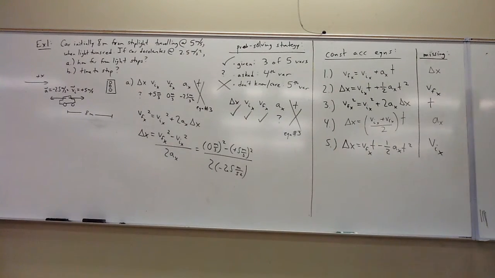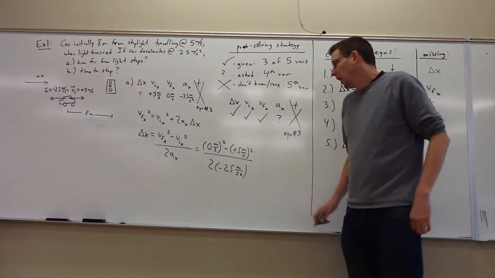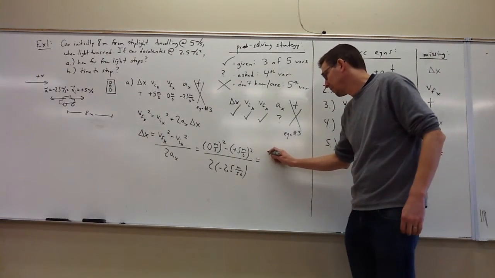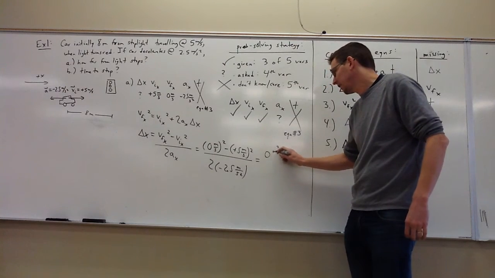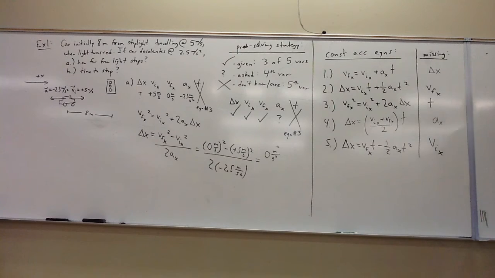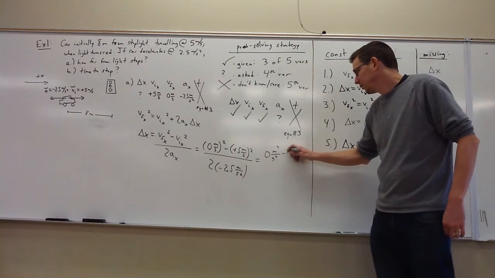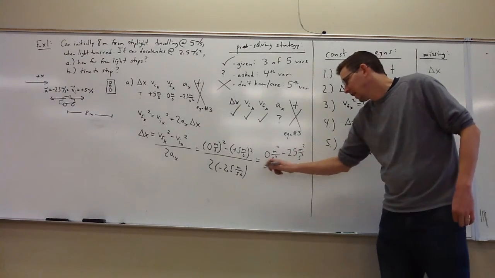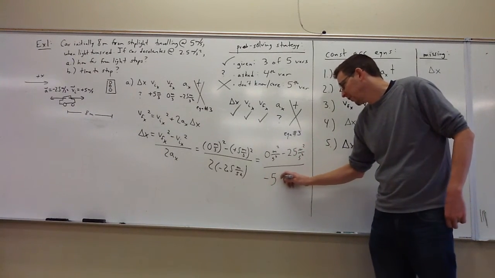So let's find what we get here. First of all, let me do this step by step here once so I never have to do it again. I get 0 meters squared over second squared. Remember that the powers apply to the units as well. Minus 25 meters squared per second squared. Denominator, I have negative 5.